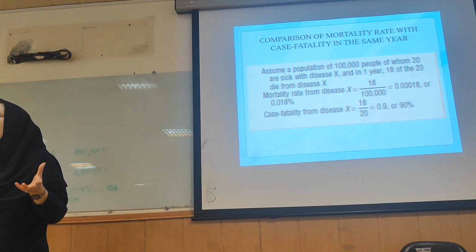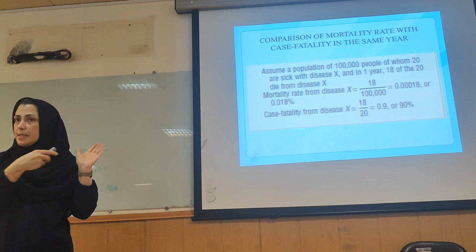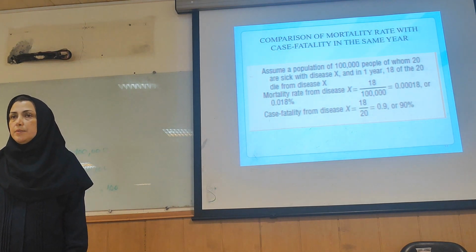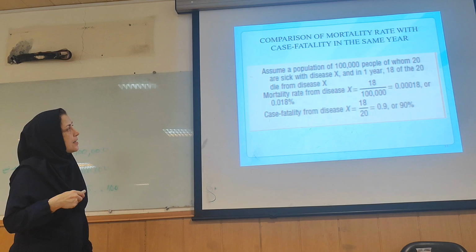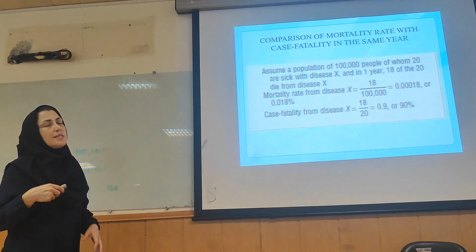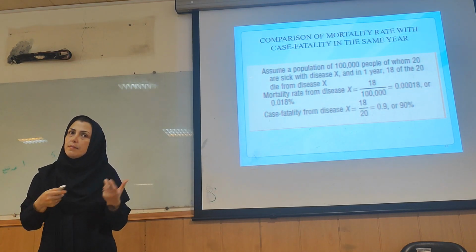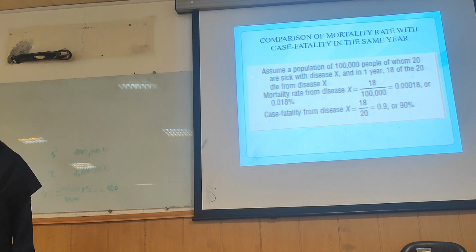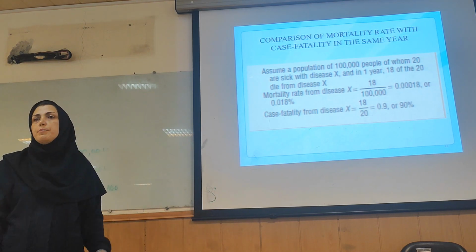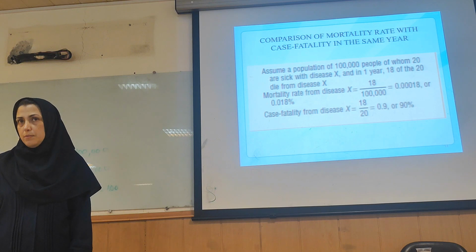Because we do not have the number of total deaths in that community. If I tell you that the total number of deaths in this community is 1,000, you can calculate the total mortality rate. You can divide 1,000 by 100,000, and you can tell that, for example, 1 person. Yes?